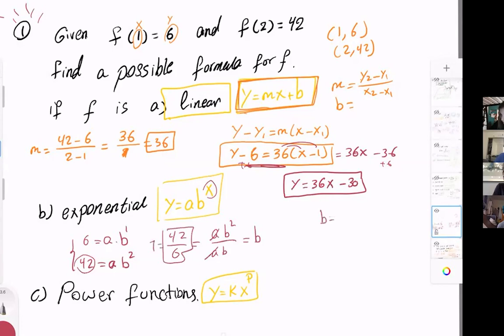So b equal to 7. Then I can plug it into this to solve for a. So 6 equal to a times 7, then a will be 6 over 7.